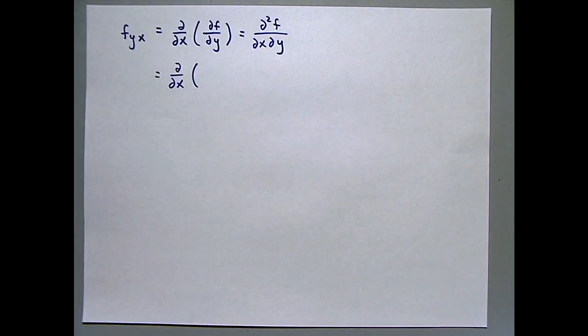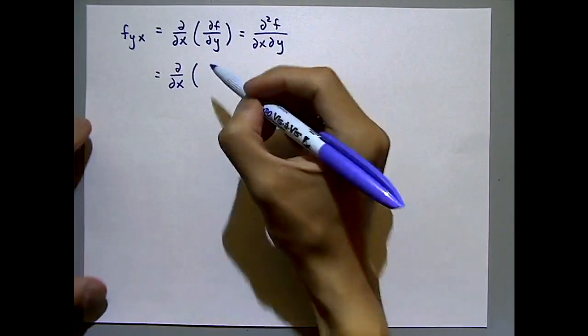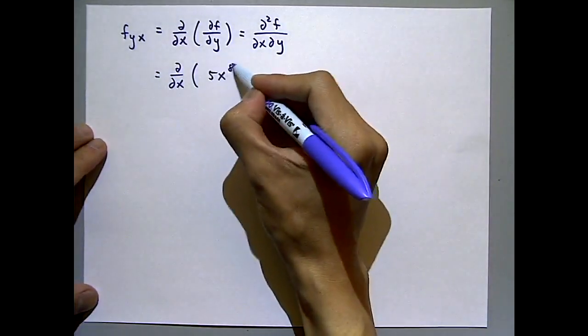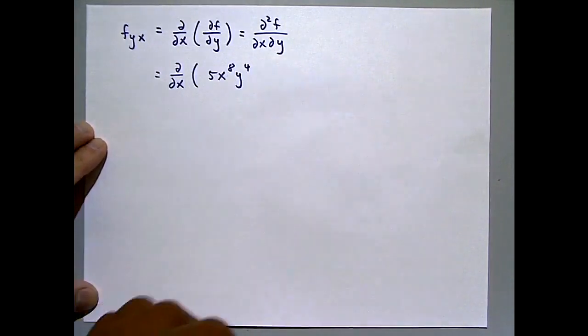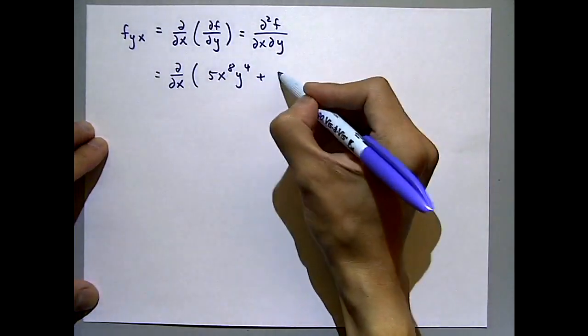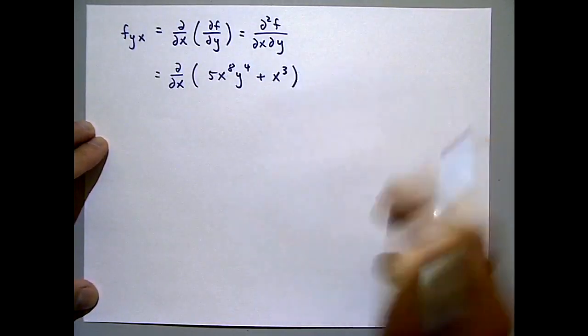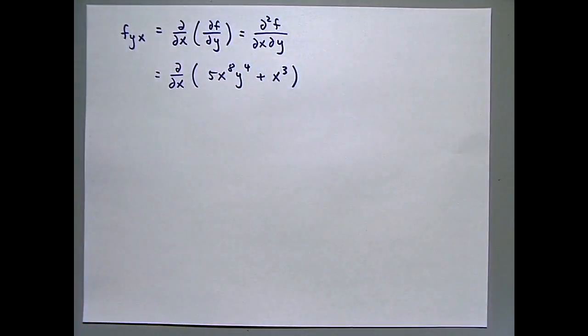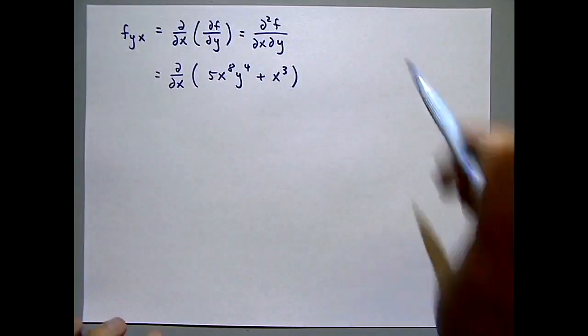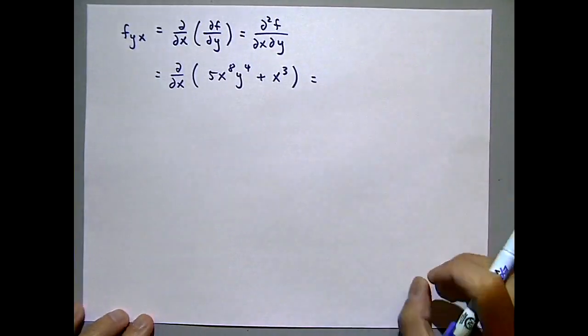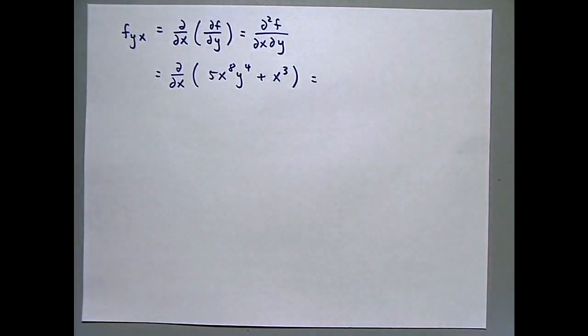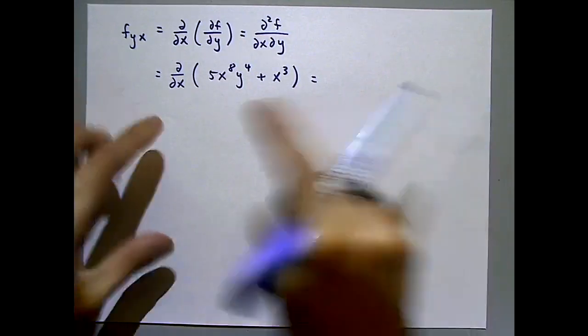fy is 5x to the 8th, y to the 4th, plus x cubed. And what do we get? We get the same thing, right?